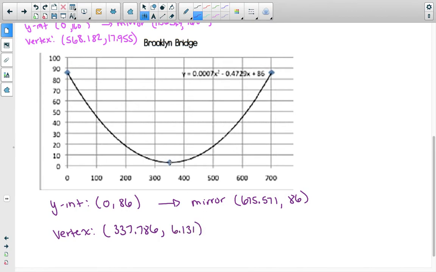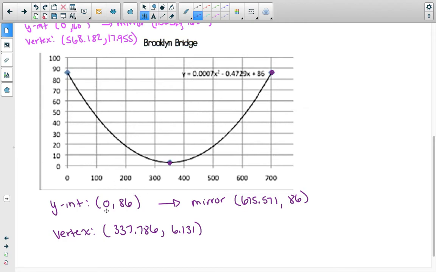And so this vertex right here shows that it's at 337. It almost looked like it was at 350, so this is why we have the equation to double check it. And then this looks like it was at 700, but it was actually at 675 because we were given the equation for it.